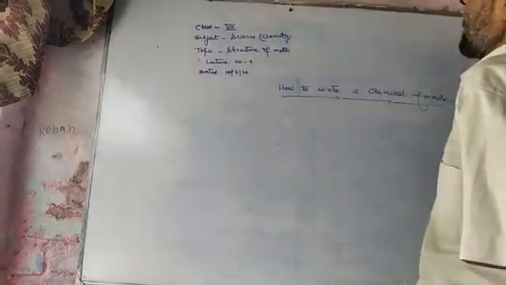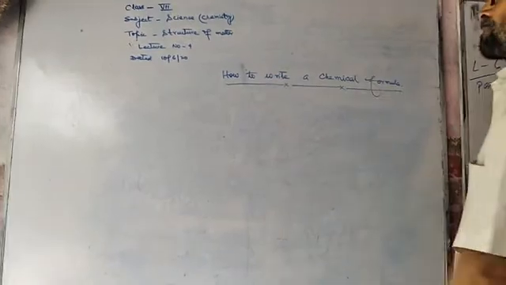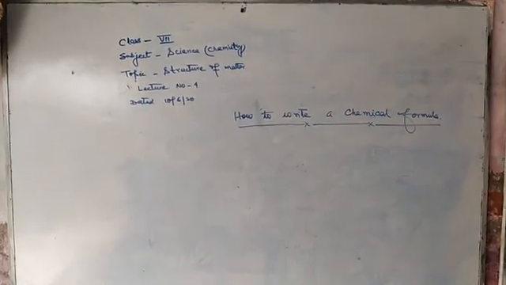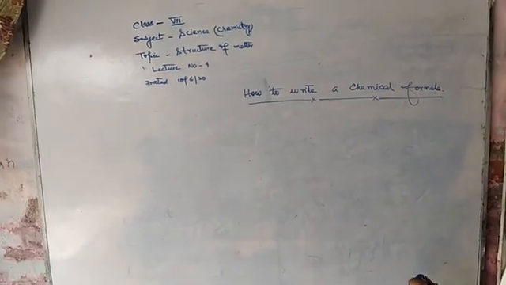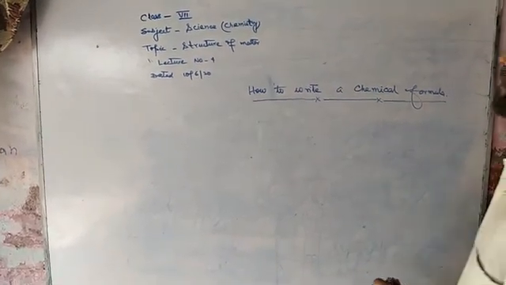I told you we have to know two things. One is symbol, other is valency. We can write chemical formula of chemical compounds easily.